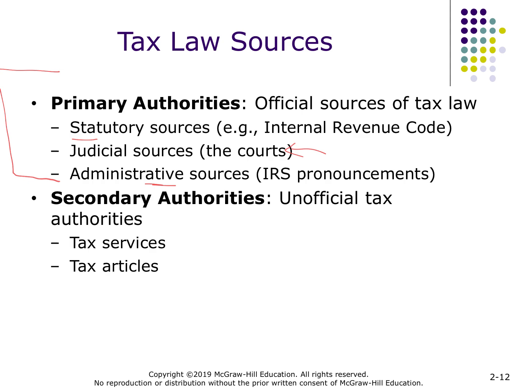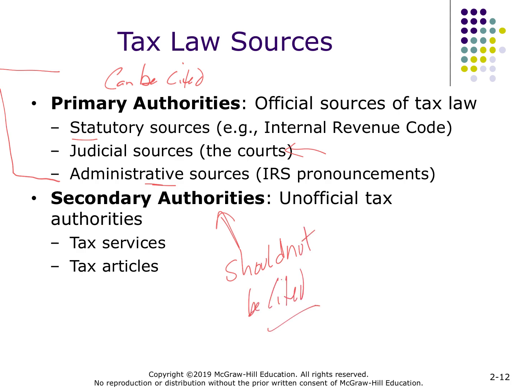Now, it's important to know that primary authorities can be cited. So what that means is if you are doing a research project for your tax partner at your office, you can cite primary authorities. Secondary authorities should not be cited, okay?